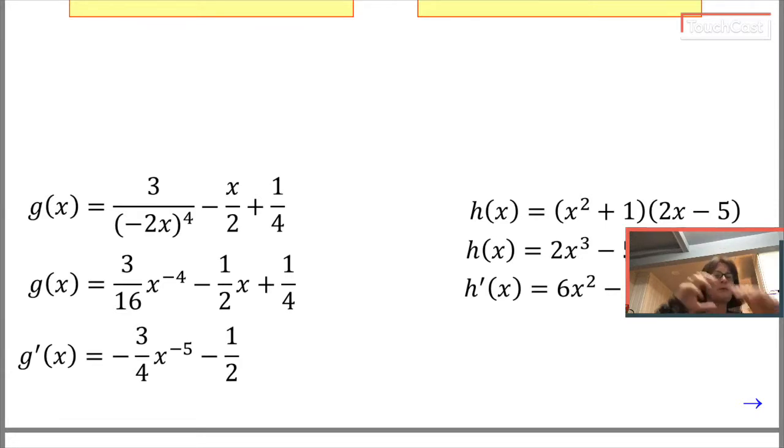So negative 2x, all raised to the fourth, becomes 16x to the fourth. That x to the fourth in the denominator I can rewrite as x to the negative fourth. Now I'm going to take the derivative, piece by piece, by adding together the derivatives of each of the terms in this function. All right, another one on your paper.